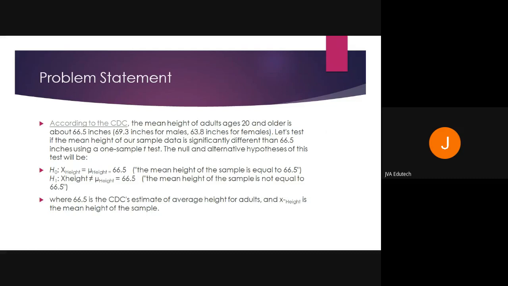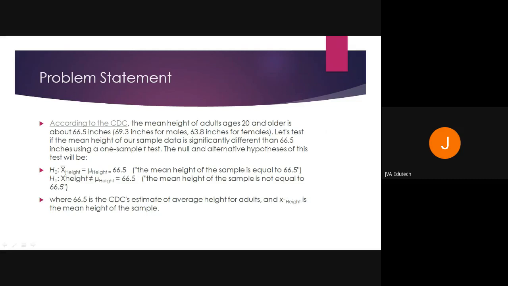The null hypothesis will be x bar height is equal to mu height is equal to 66.5, and the alternate hypothesis will be x bar height is not equal to mu height, which is 66.5. So mu height is the population mean height, that is 66.5. In the null hypothesis, we are saying that there exists no significant difference between both the means.